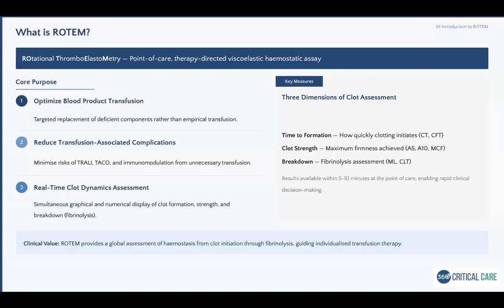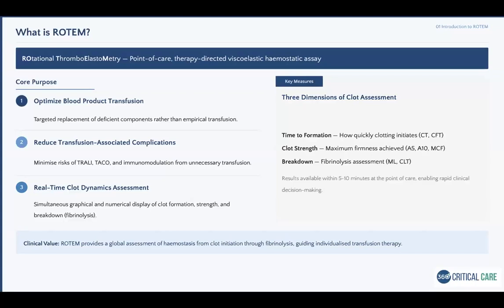The effect of that is it reduces the transfusion associated complications simply by reducing the number of transfusions, and also reduces the risk of TRALI or TACO or immune modulation that can happen due to unnecessary excessive transfusion.